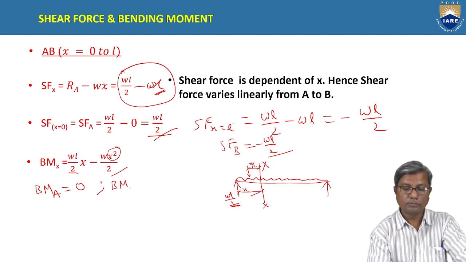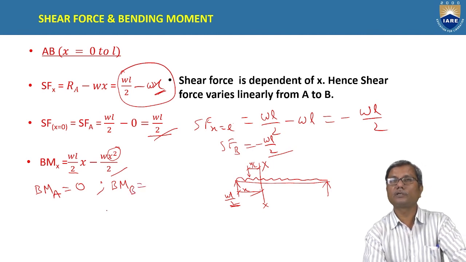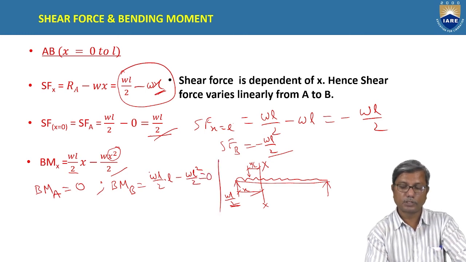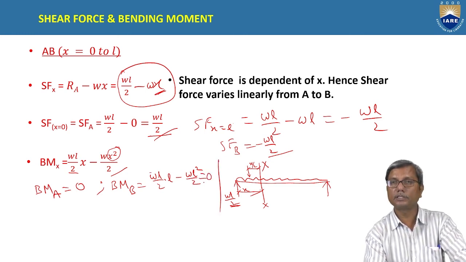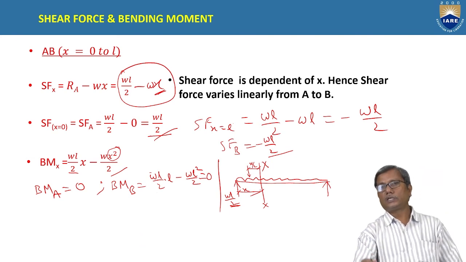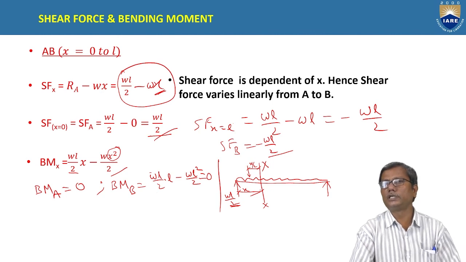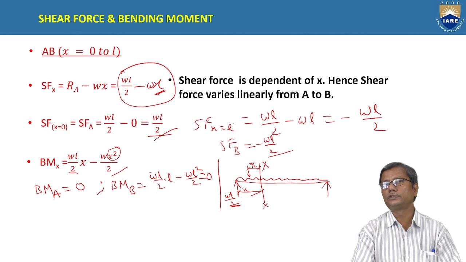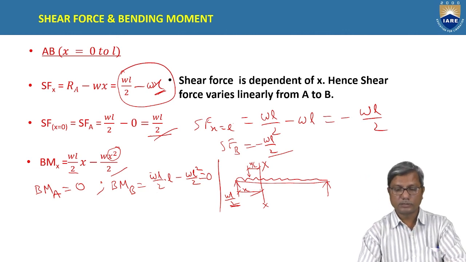Similarly, bending moment at B, that is at x equal to L: WL by 2 into L minus WL square by 2. This is also 0. So bending moment at B is also 0. Already we have told the bending moment at simple supports will be 0. Understand? The bending moment at simple supports is 0.